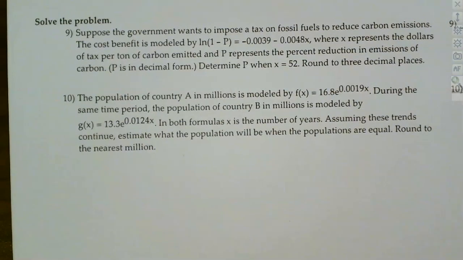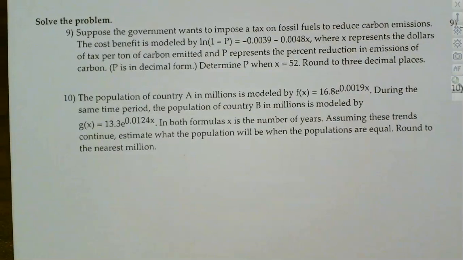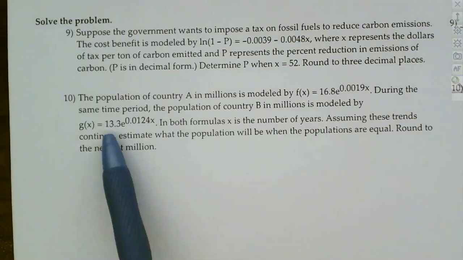We're going to do question 10. I'm going to leave question 9 for you to work out on your own. It's actually a little bit easier. Question 10. The population of country A in millions is modeled by this exponential equation. During the same time period, the population of country B is modeled by this.